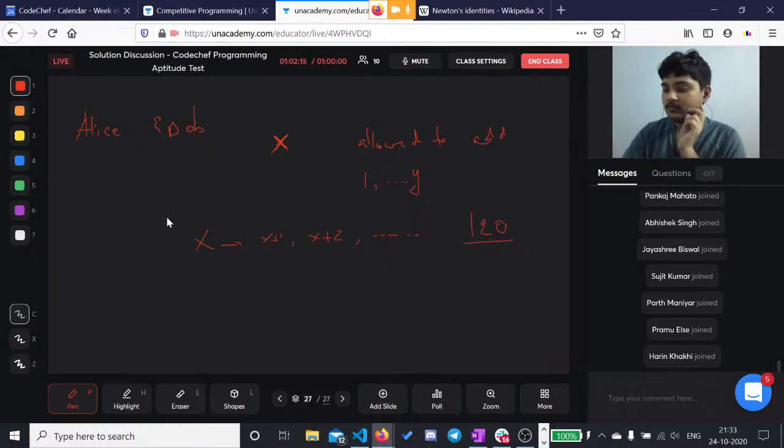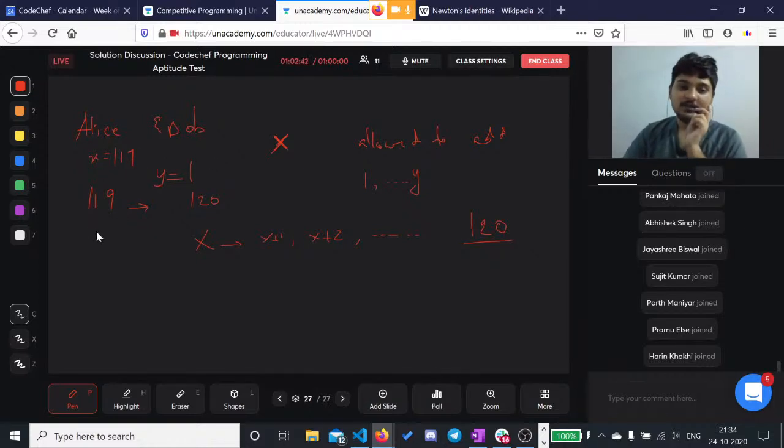Right. So one example is, let's say you start with 119 and y is 1. In one turn Alice can win the game by changing 119 to 120. So in this case, if x equals 119 and y equals 1, then Alice wins the game.